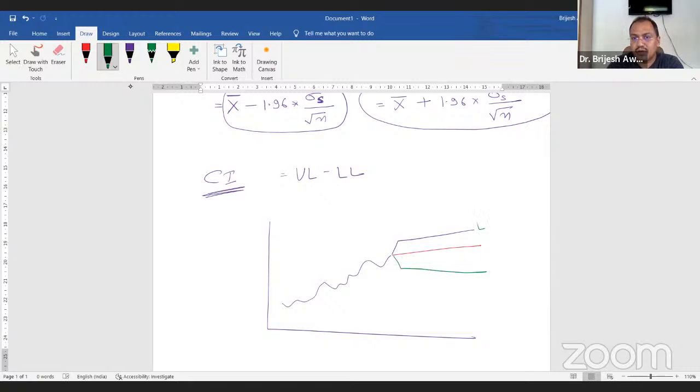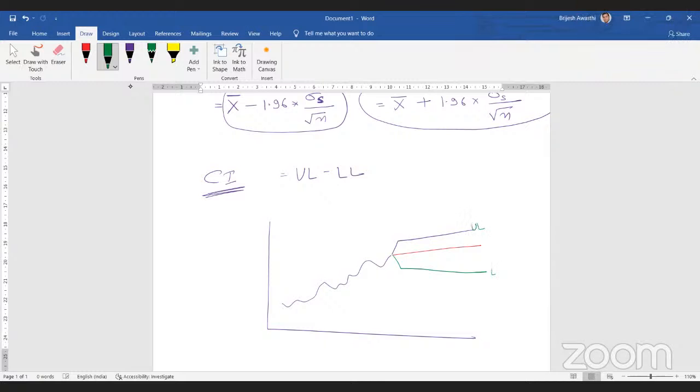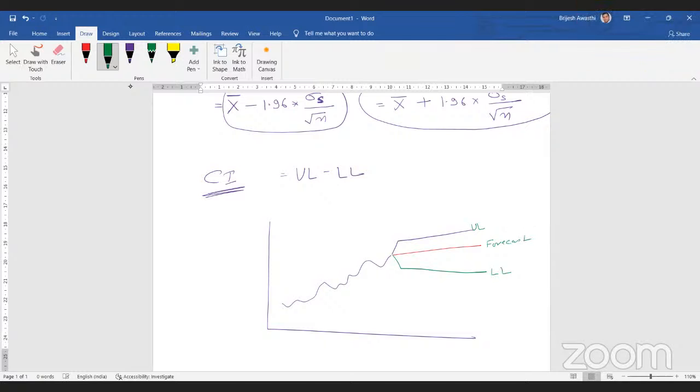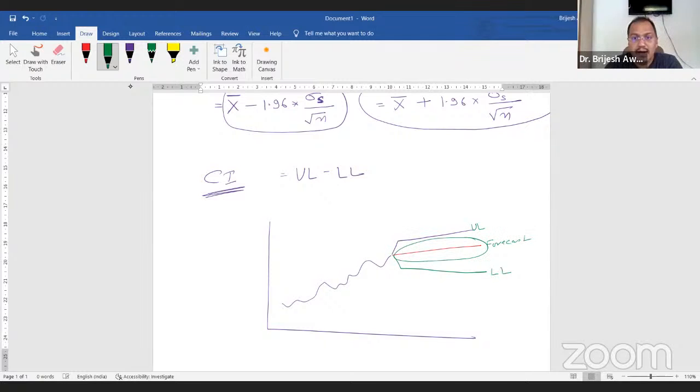I told you this is the upper limit and this is the lower limit, and this is the forecast value. Maximum is this and minimum is this. The distance between these two, upper limit and lower limit, is known as the confidence interval. So I want to calculate the confidence interval. How will I calculate it? You just look here.